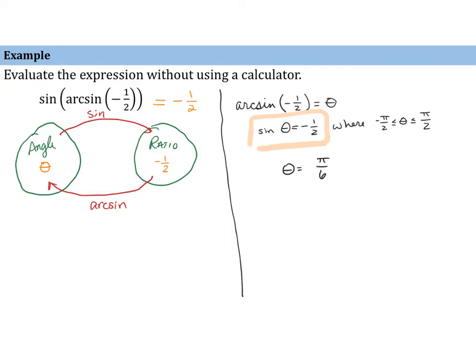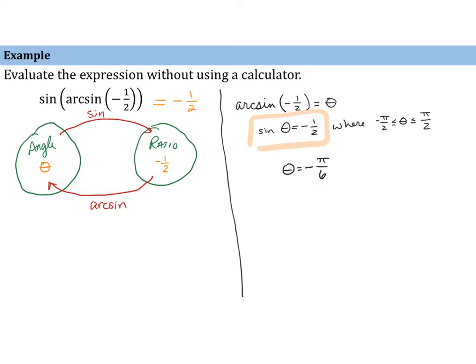Now, how do I get in the fourth quadrant? Well, it's either going to be 11 pi over 6 or coterminal to that. But to be in the restricted range of the arc sine function, we have to be between negative pi over 2 and pi over 2. So that means that this should be negative pi over 6 to land in that interval.